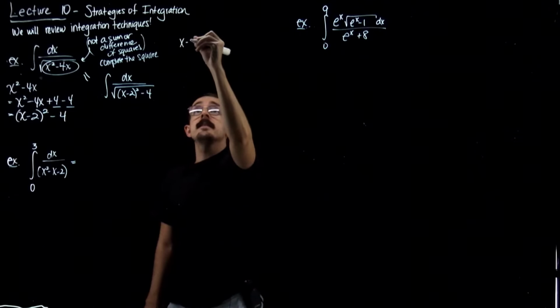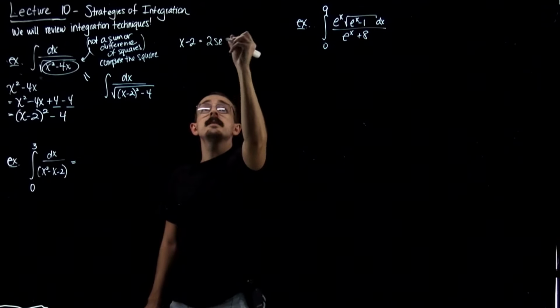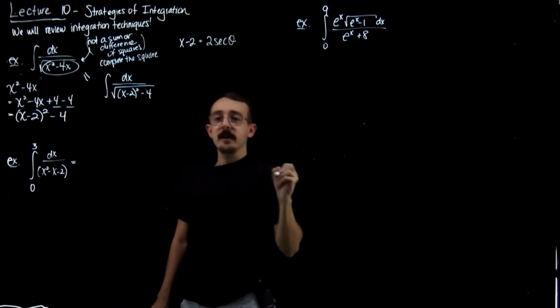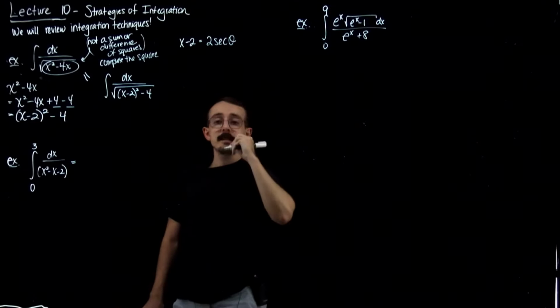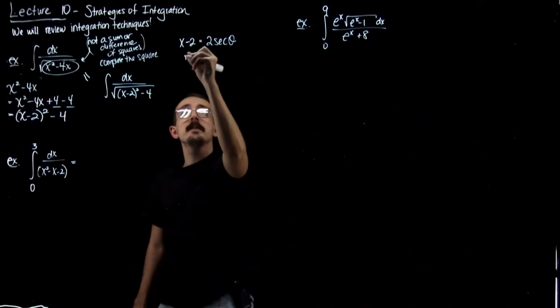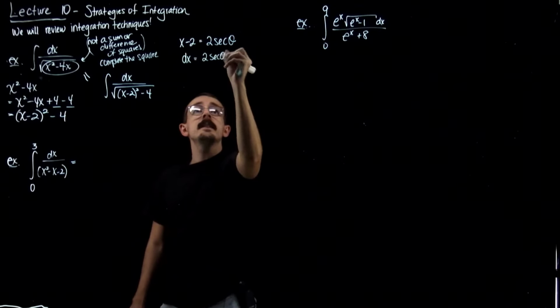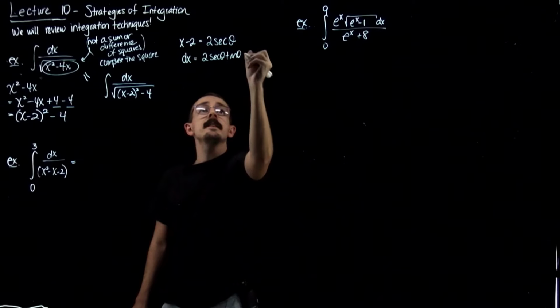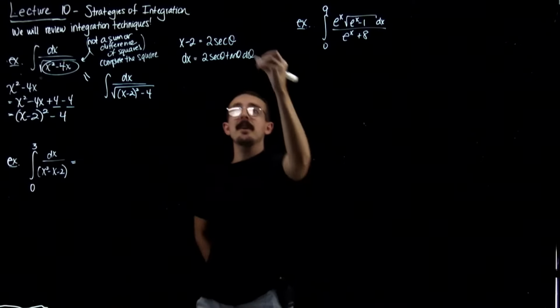So the substitution for this is x minus 2 equals 2 secant theta. The variable part minus a constant, if you go back and look, that's secant. And if I take the derivative of both sides, dx is equal to 2 secant theta tangent theta d theta.